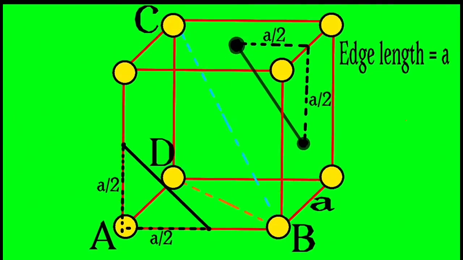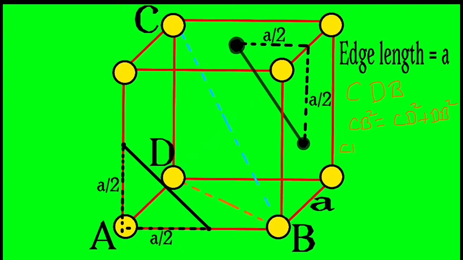Okay, now let's find out the cube diagonal, that is CDB. So it's again the same Pythagoras theorem which we are going to use right now. So CB square is equal to CD square plus DB square.